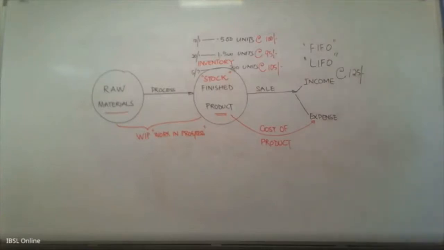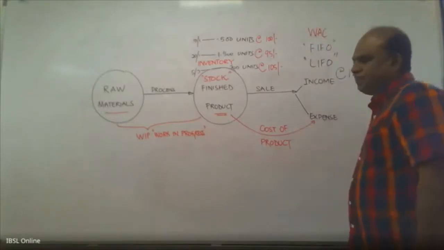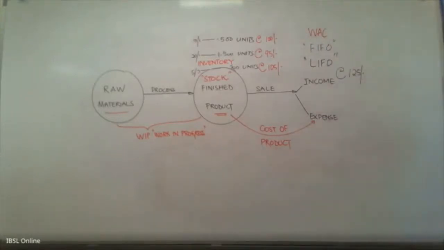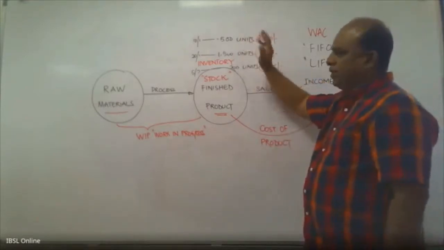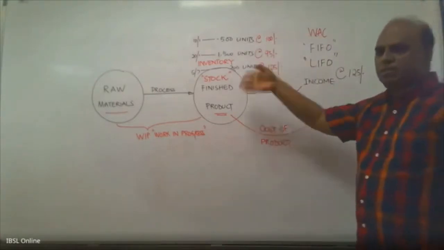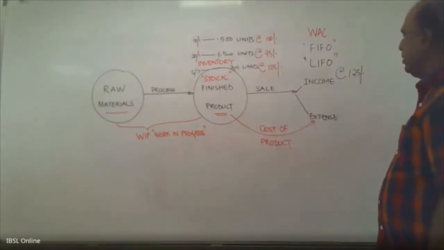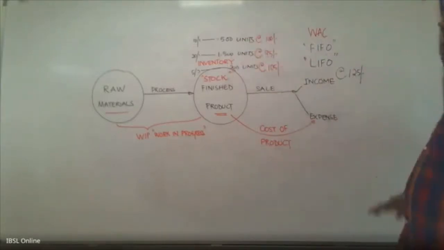Then the next method that is there in the handout is called the weighted average cost method. Now here what happens is, I have received stock of 500, 1,005, 200. I don't mind which came first, which came last. Every time a sale happens, I am going to pick one and sell it.